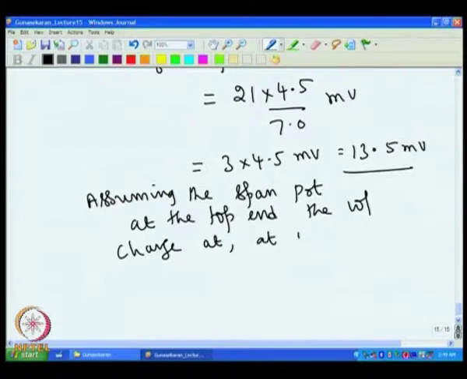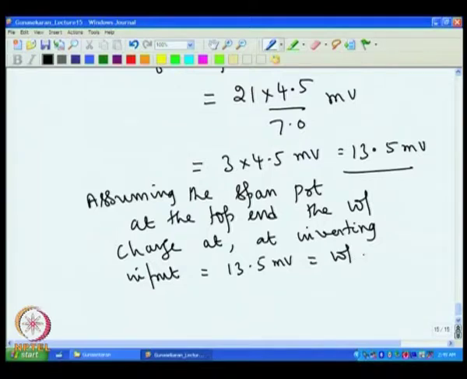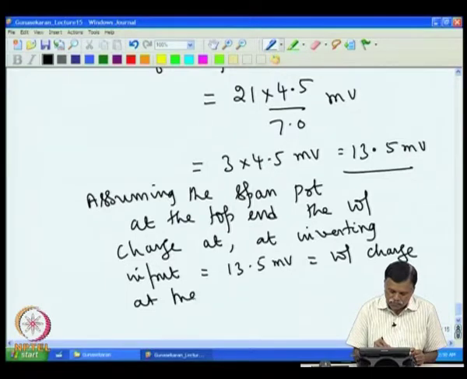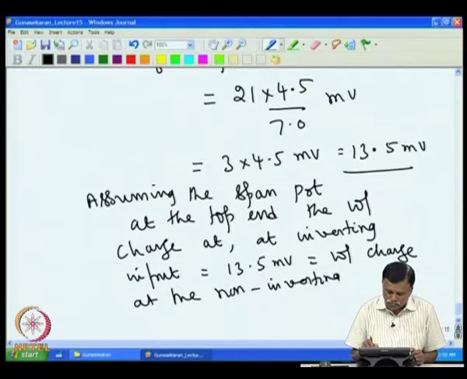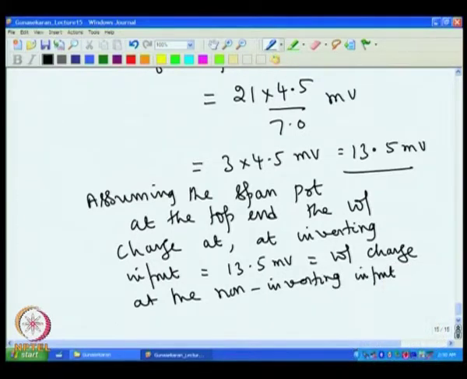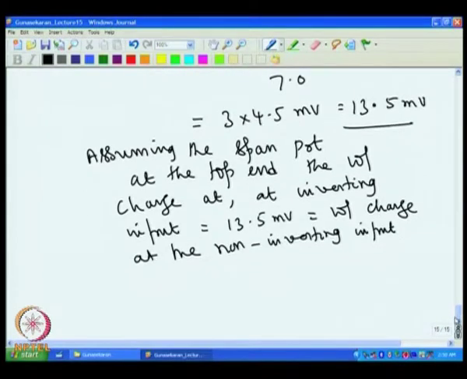at the inverting input is equal to 13.5 millivolt, that is equal to the voltage change at the non-inverting input. So the expected voltage change at the non-inverting input is 13.5 millivolt.